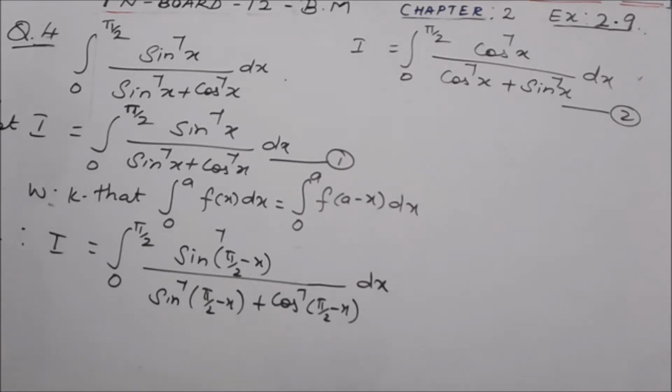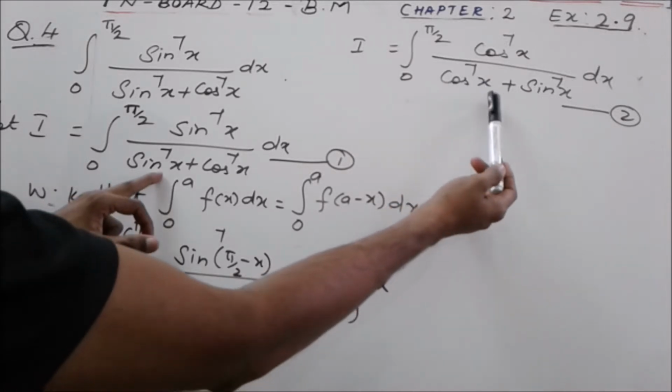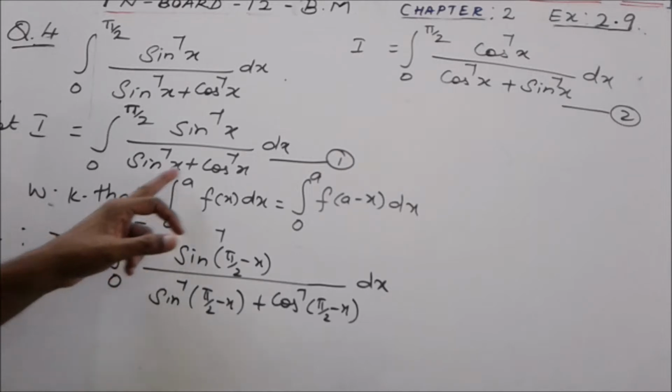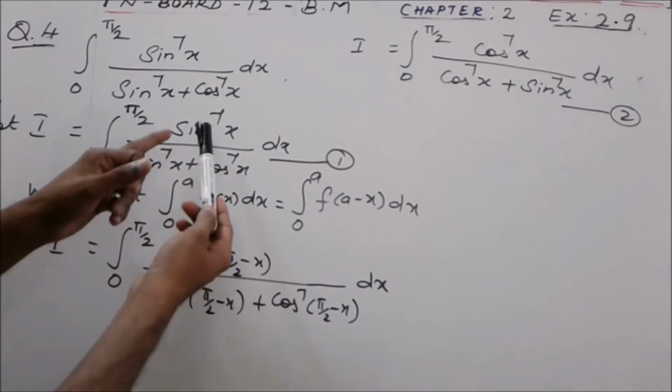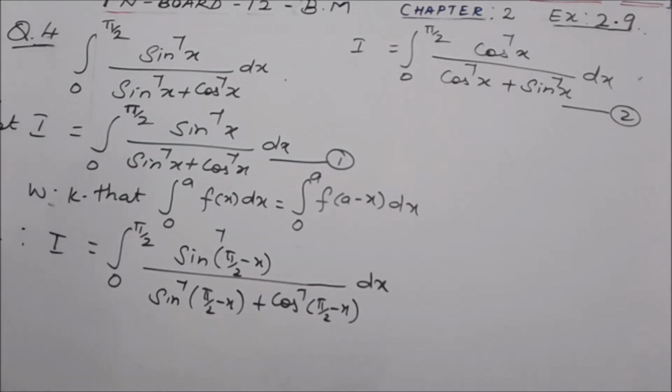So we can come to a conclusion. Just look at the denominators of both. Both are equal: sin^7 x plus cos^7 x. Here the numerator has sin^7 x, there cos^7 x. So just adding the two integral functions, we can come to a conclusion.